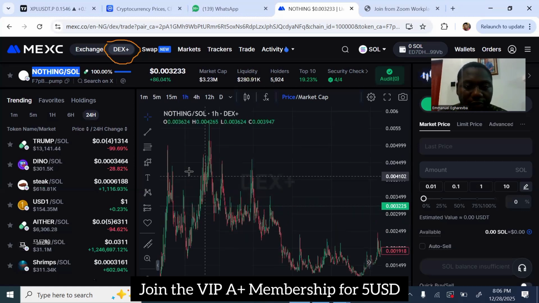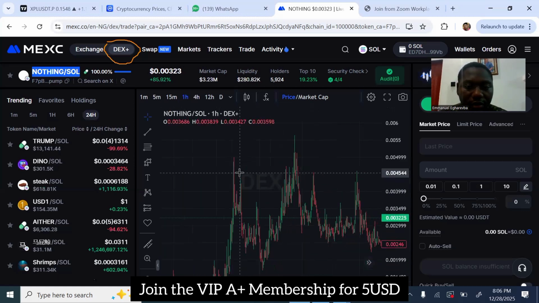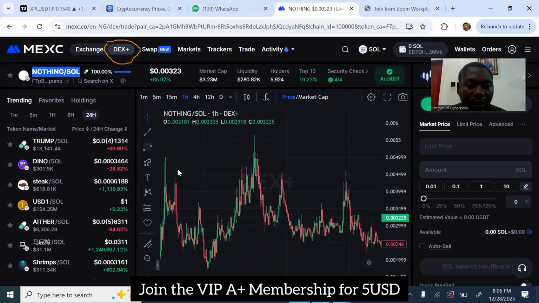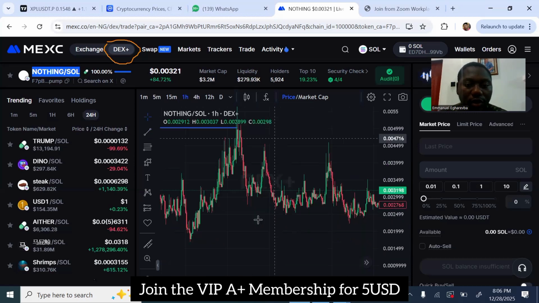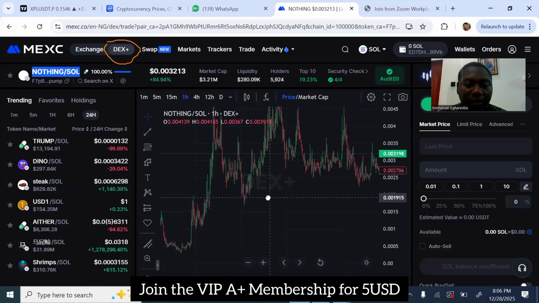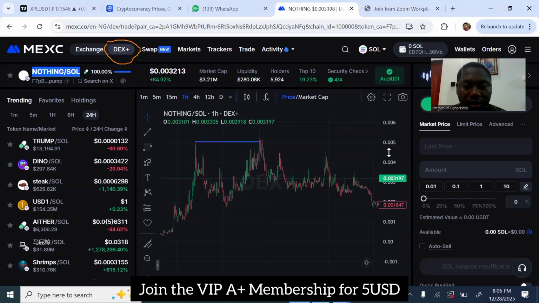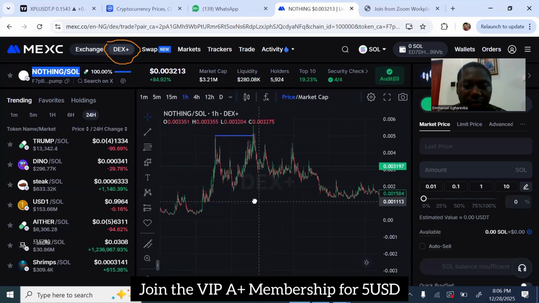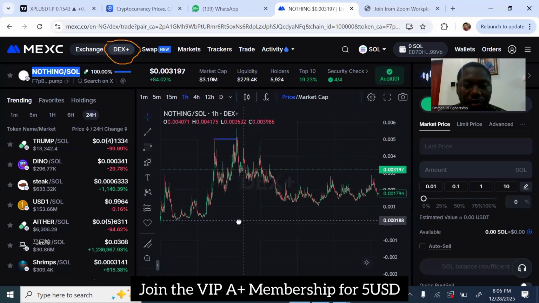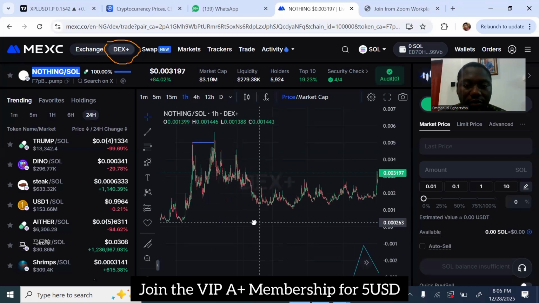So from the 1-hour time frame, we can easily see that there was a sweep here. There was a sweep. But guess what? When price came down, this was what price did. Price came down. This was exactly what we did.